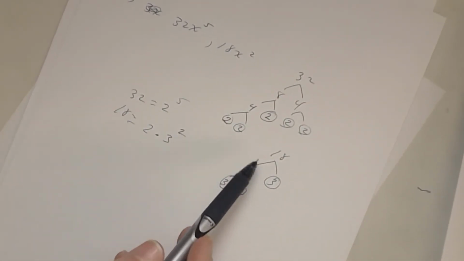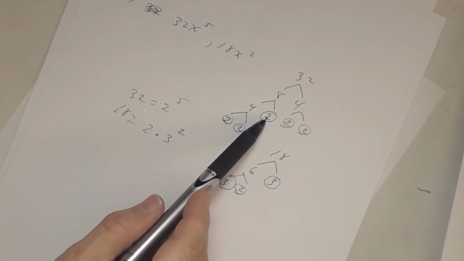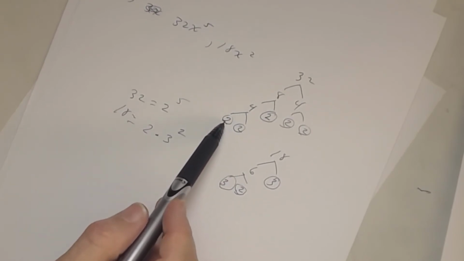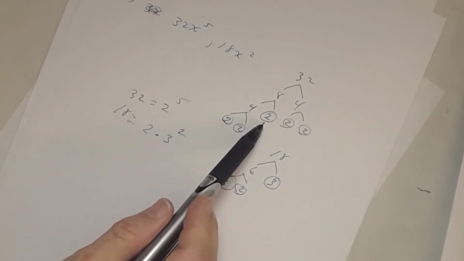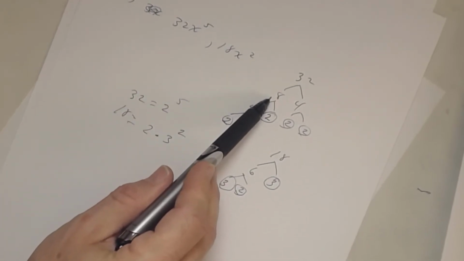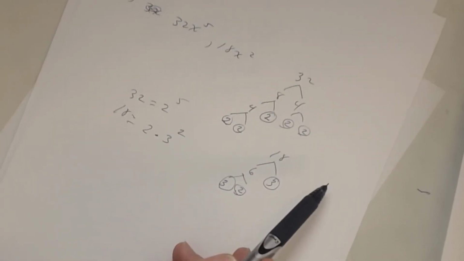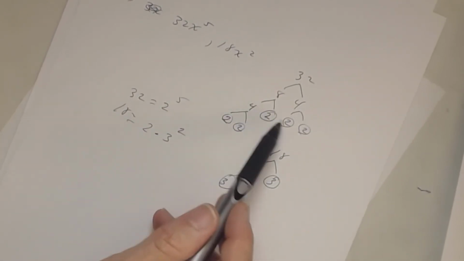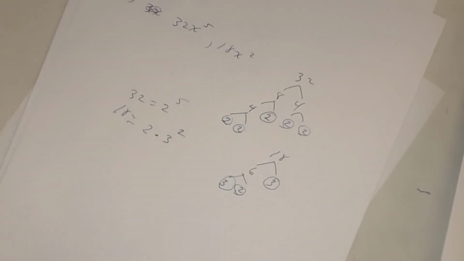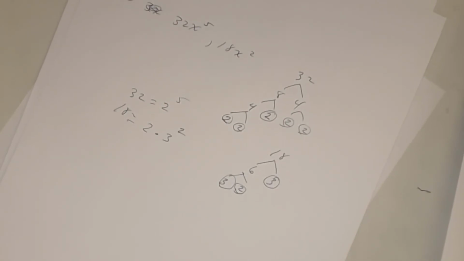If you look at it, 2 times 2 is 4, 4 times 2 is 8, and 8 times 4 is 32. So you have to use all of them. But do you see that the 18 only has one 2? So the GCF is 2.